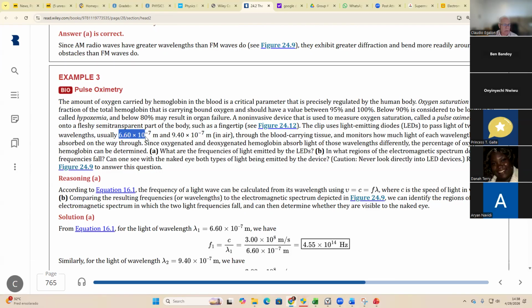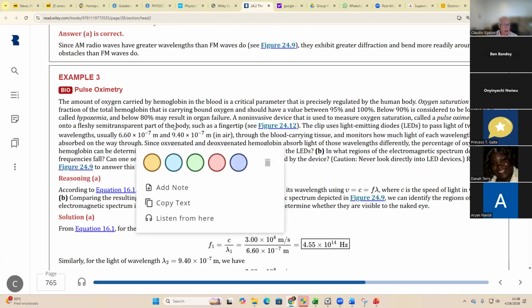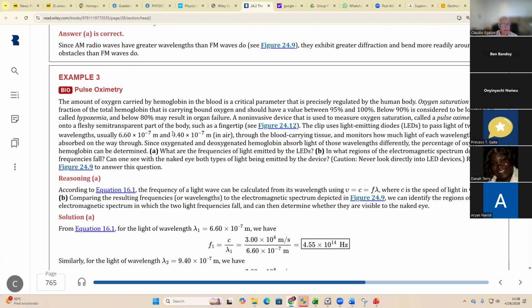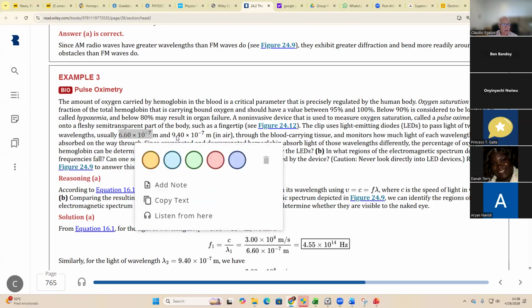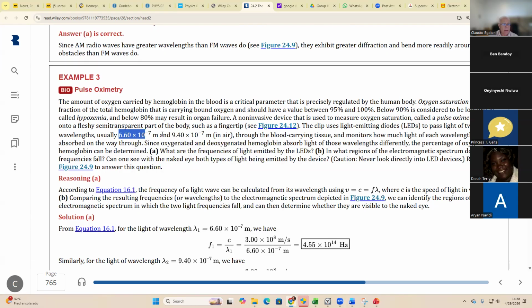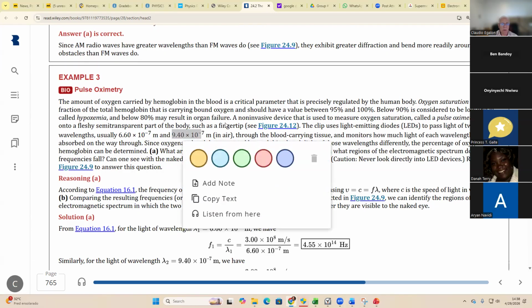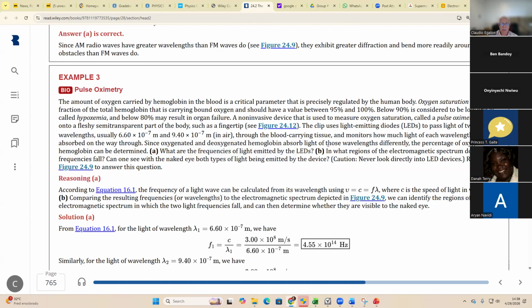This one is 660, that's red, and this one is 940 nanometers. 660 nanometers, 940 nanometers, red and infrared. Through the blood-carrying tissue, and it monitors how much light of each wavelength gets absorbed on the way through. Since oxygenated and deoxygenated hemoglobin absorb light of those wavelengths differently, the percentage of oxygenated hemoglobin can be determined.